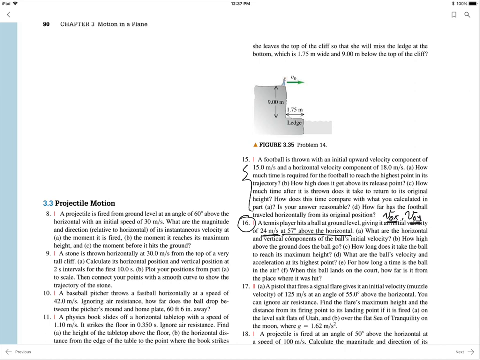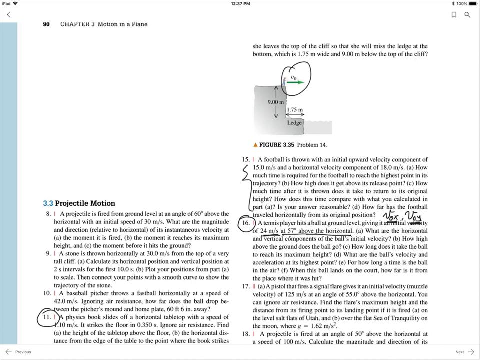Let me do one that has horizontal velocity, like this one, for example. Let me do problem 11 right here, which is similar to number 10 also. A physics book slides off a horizontal tabletop with a speed of 1.1 meters per second. It strikes the floor in 0.35 seconds.